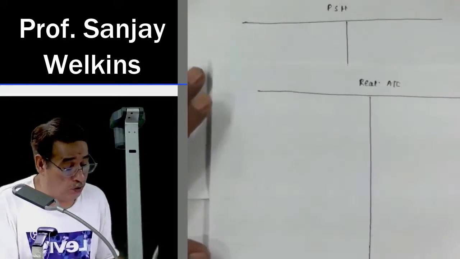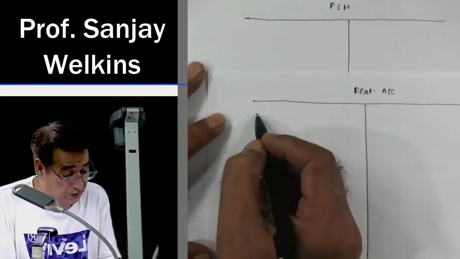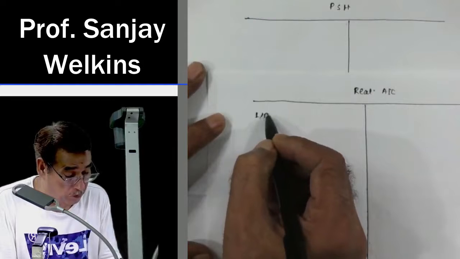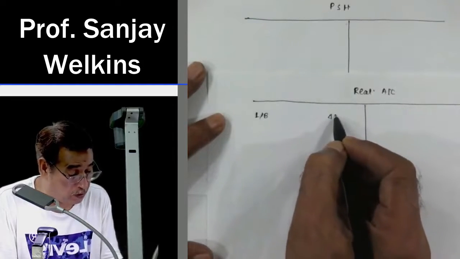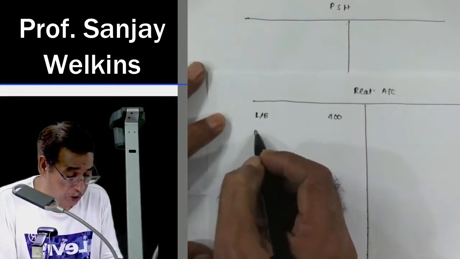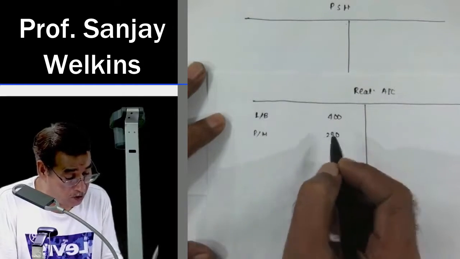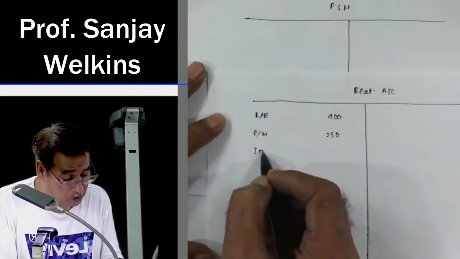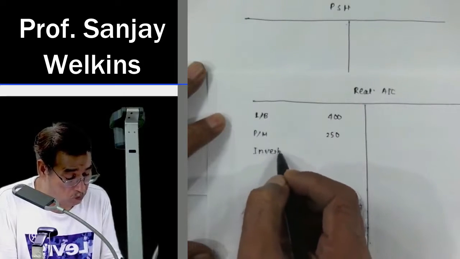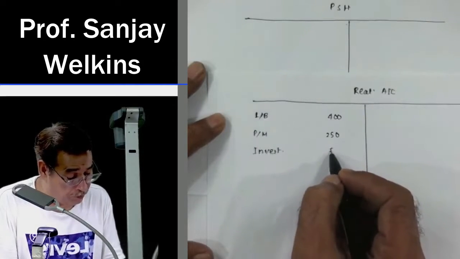So first we will close our asset side. So land and building is 400 lakhs. Plant and machinery 250 lakhs. Investments is equal to 50 lakhs.